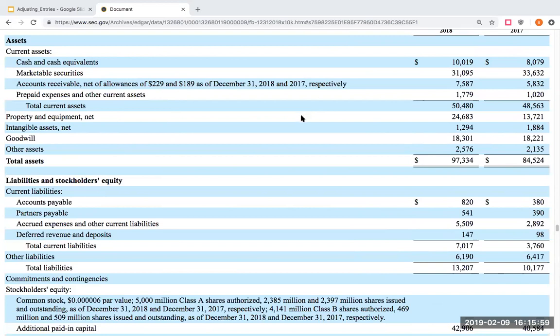Where this becomes very important is when I'm looking at a company's financial situation. If their current assets are 50 billion and their liabilities are 7 billion, then it tells me that company is going to be okay in terms of meeting its current obligations. This is why, when we're creating a classified balance sheet, it's very important that we note what is a current asset versus what is not.